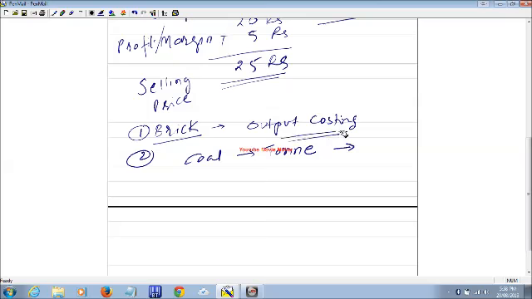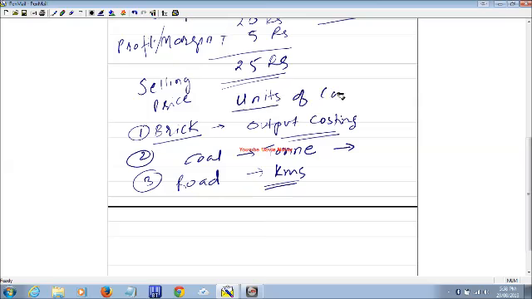Second, we have coal. In the coal industry the output is measured in tonnages, and it is the same as output costing. Third, you can also have road construction, which is measured in kilometers.